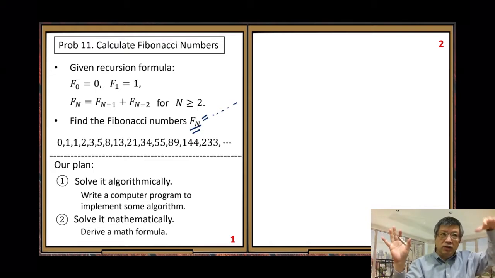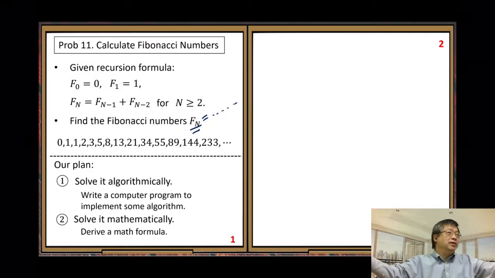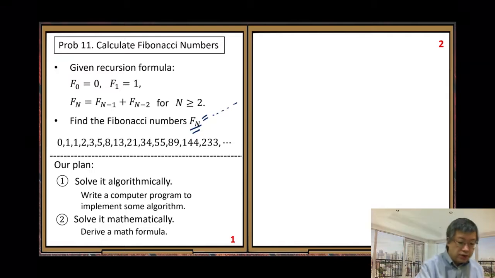First, the first approach, let us forget about the formula, right? Let us just calculate the Fibonacci numbers from the recurrence relation directly. All right.